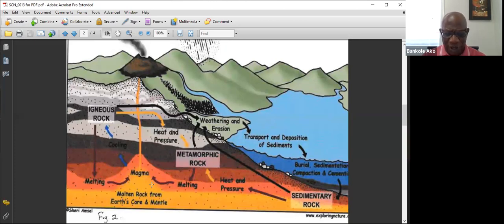From these molten rocks, therefore, igneous rocks, we have rocks like granites, diorites, dolerites, basalts, and one that will interest all of you, pegmatites.